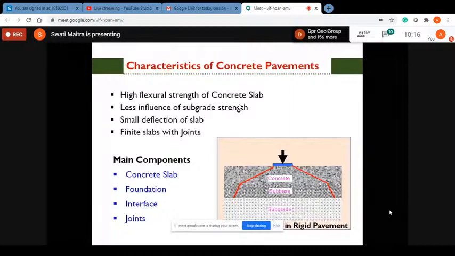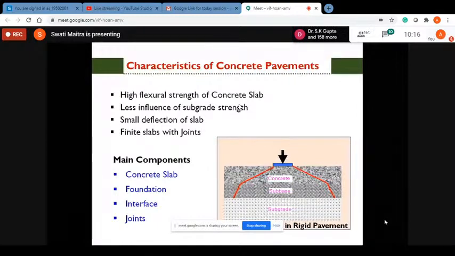The foundation is composed of base layer, sub-base layer, and the compacted subgrade. In some cases, when the traffic volume is not so high, the base layer or sub-base layer may be omitted. But generally in highways, sub-base and base layers are present.